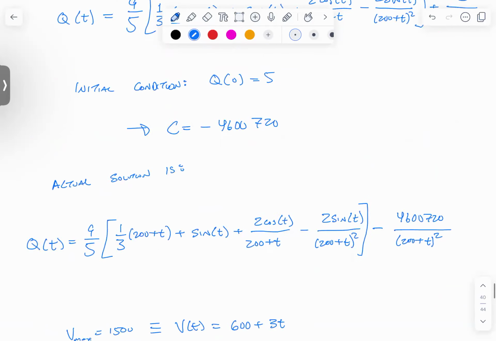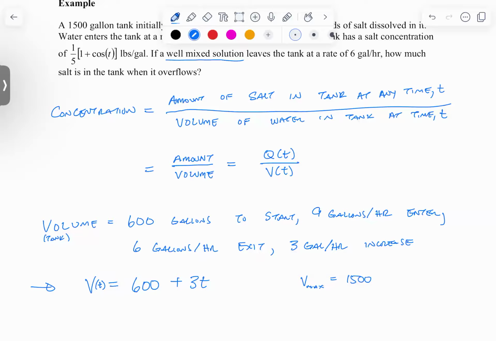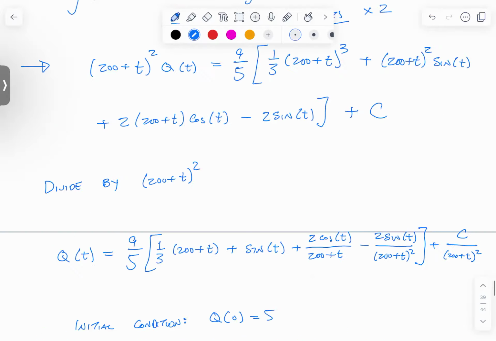So much salt. So the main concept of concentration usually always comes back to this guy: amount of substance at any time t divided by volume. Now, last time we had to adjust our volume because more was going in than was leaving, so that was increasing overall. So the denominator, the volume, does adjust to solution in and solution out.